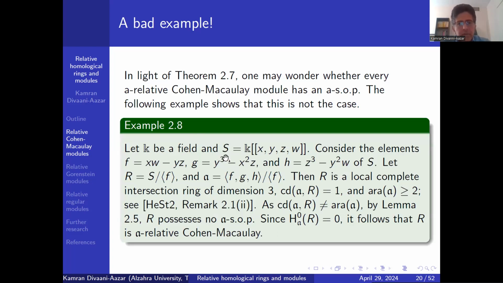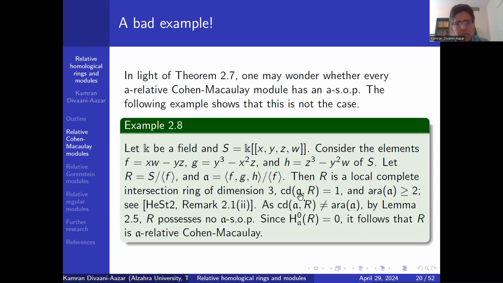Let K be a field and take S to be this power series ring. Let F, G, and H be these elements of S, and take R to be this quotient ring, and let A be the image of the ideal generated by F, G, and H in R. Then one can see easily that R is a complete intersection ring of dimension 3.